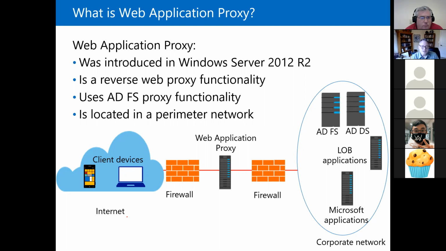Anyway, what happens is this web application proxy, then the application on the back end within that circle on the right, can be hosted or can be cached into memory on the web application proxy. When the client devices on the left from the internet come in, they hit the proxy, they get the content. The proxy is updated from the original content server, the application server in the back.